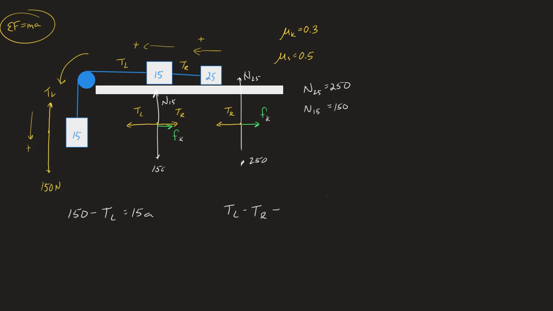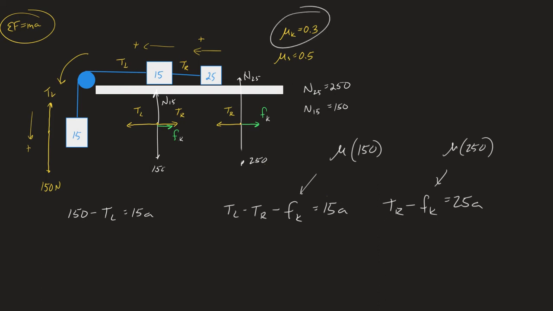I'll write friction, but for right now, just so I can give you guys a chance to keep up. Now, I'm sorry to do this, but we didn't get this part. This is going to be mu times 150, and this one's going to be mu times 250. This time mu is 0.3.